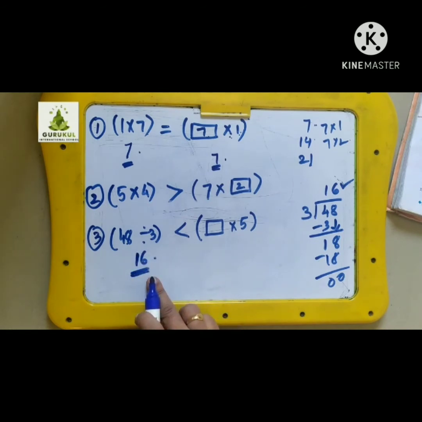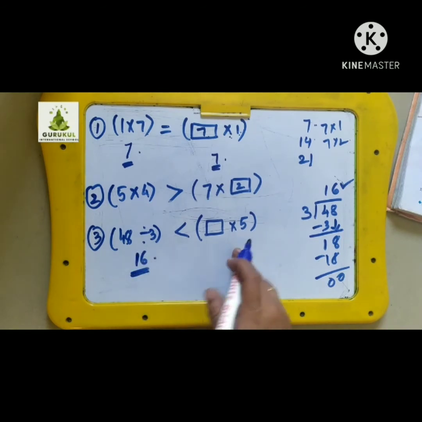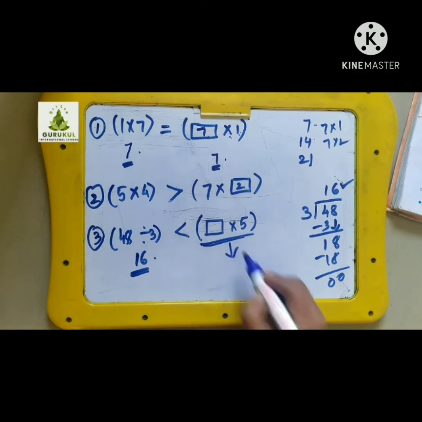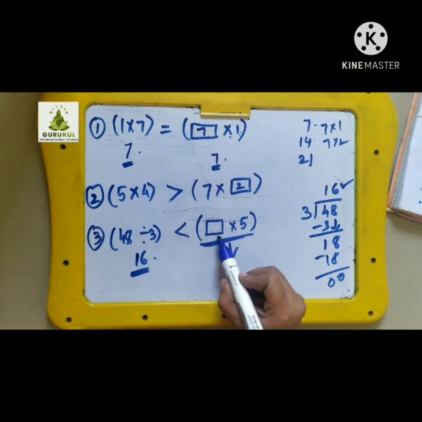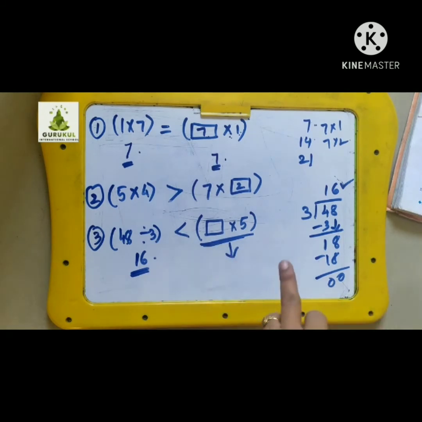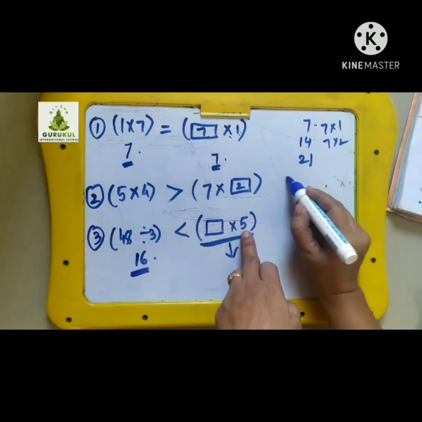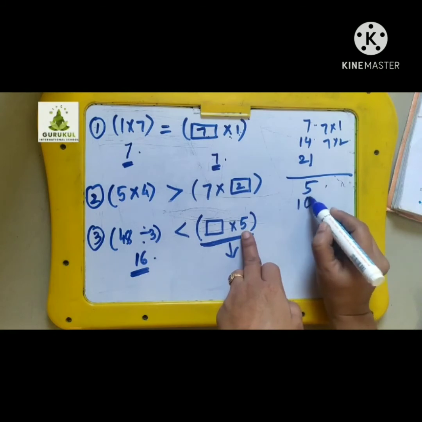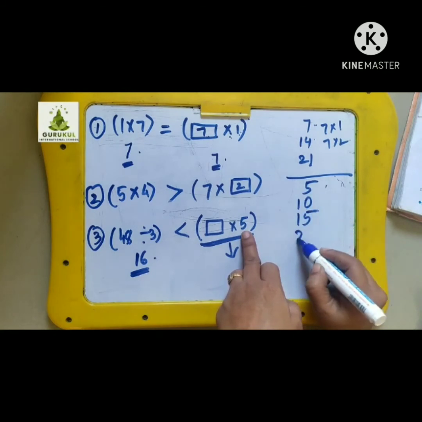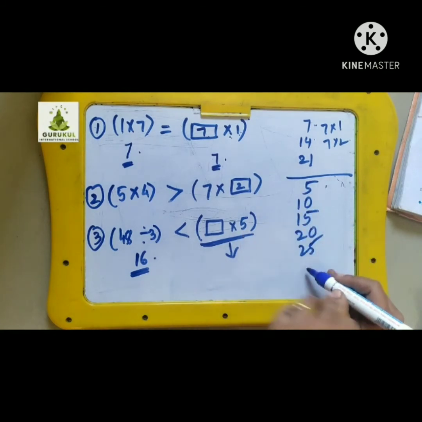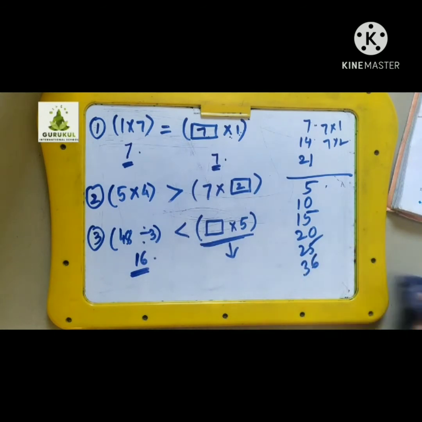Now this 16 should be less than whatever answer you write over here. Okay. Now you will write the number here which is going to give you an answer more than 16. So here it is the multiplication for 5. That means table of 5. So 5 ones are 5, 5 twos are 10, 5 threes are 15, 5 4s are 20, 5 5s are 25. So, okay.